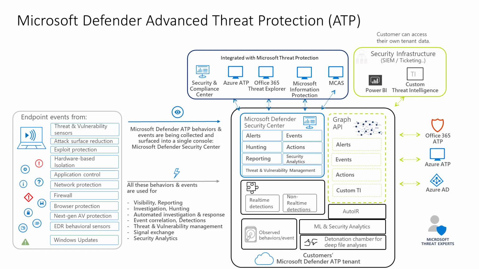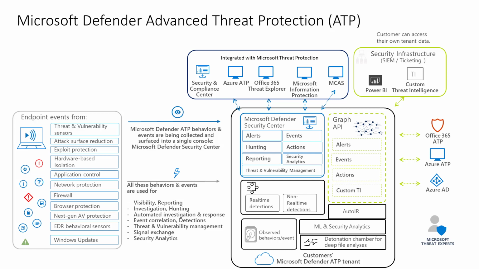You can see up here at the top that it's integrated with the Microsoft Security Center at security.microsoft.com, but also Azure ATP, the sensor that sits on a Windows Server Active Directory domain controller for behavioral analysis; Office 365 Threat Intelligence for email, phishing, and spam signals coming in; Microsoft Information Protection to automatically classify, protect, and encrypt files on that endpoint; and then Microsoft Cloud App Security from a CASB perspective for third-party cloud apps, really that flight data recorder in those apps among all the different types of activity that's happening, and even shadow IT.